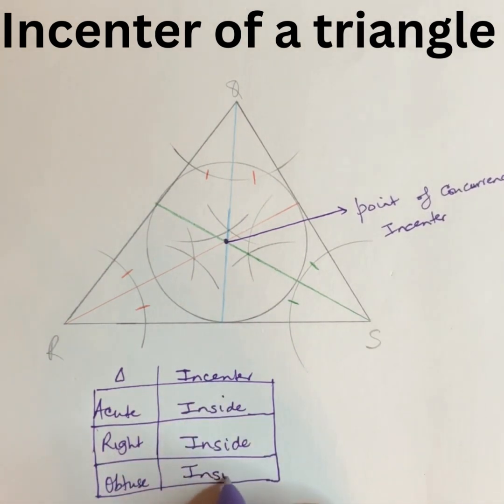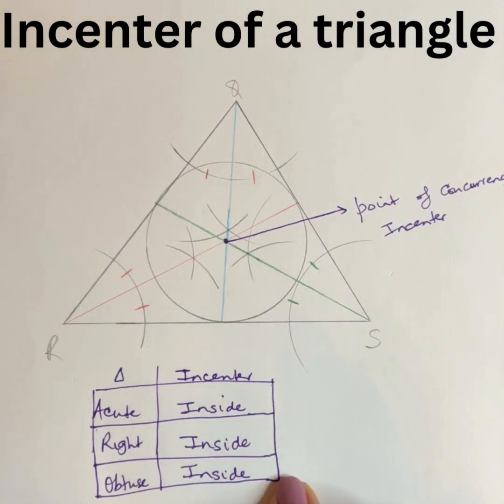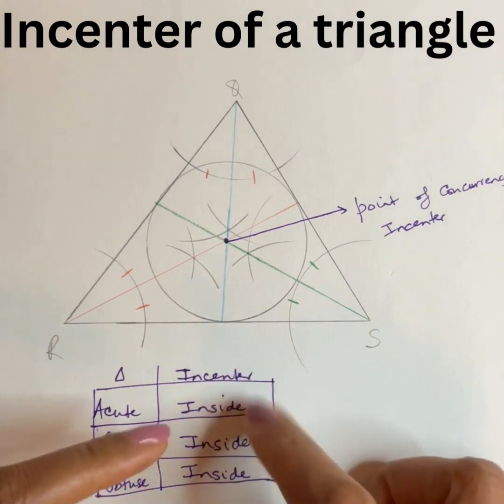When I do the video on the other types of point of concurrency, such as the circumcenter and the orthocenter, you'll see something different. So what I want you to take away from here, this is a good guide for studying, to know the different types of triangle and where they meet.